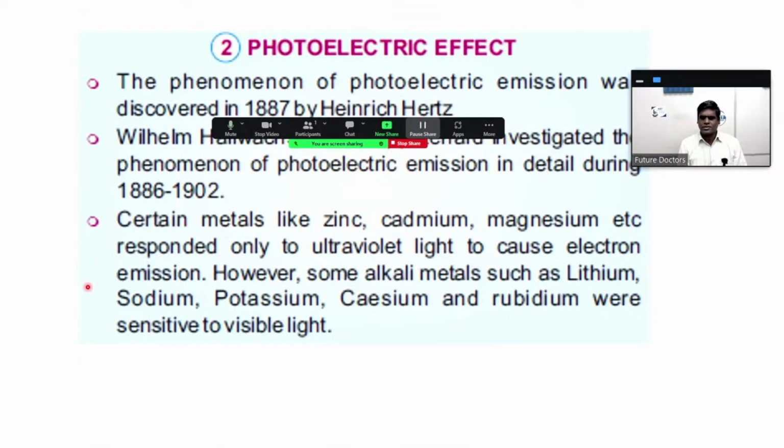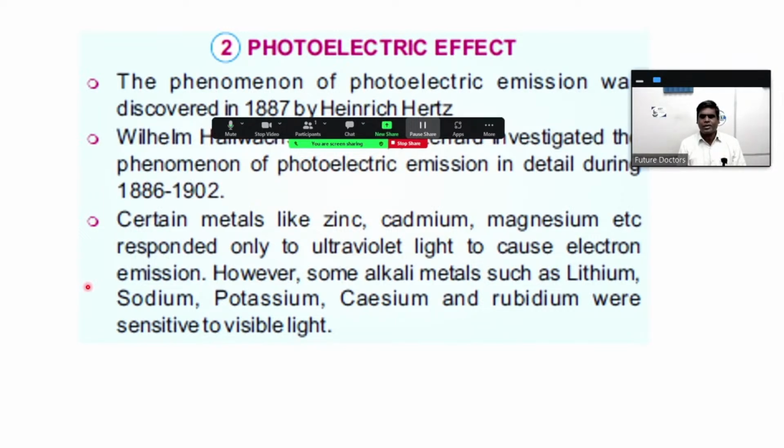Photoelectric effect. The phenomenon of photoelectric emission was discovered by Hertz, and Hallwachs and Lenard investigated the phenomenon of photoelectric emission during 1886 to 1902. Certain metals like zinc, cadmium, magnesium, etc. only respond to UV light, that is ultraviolet light, which causes photoelectric emission.